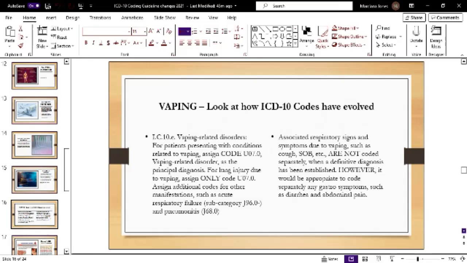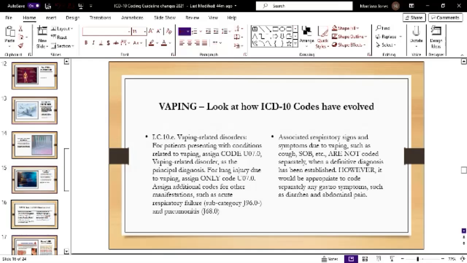And of course, I have the ICD-9 books from before it went to ICD-10, and I didn't find anything about vaping. I'm not sure if I overlooked it or it just wasn't there because vaping was not a thing 10, 13, 15 years ago. So look how ICD-10 codes have evolved.